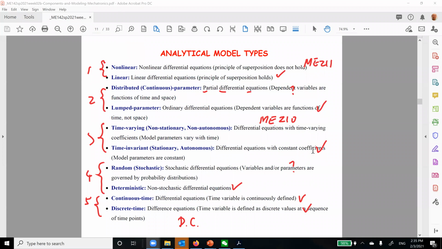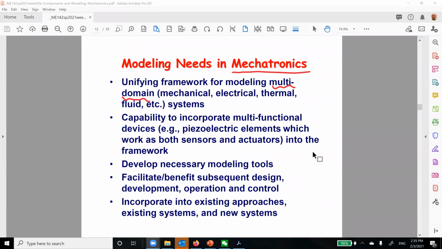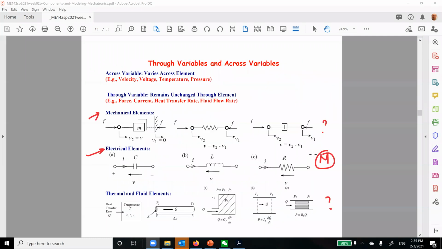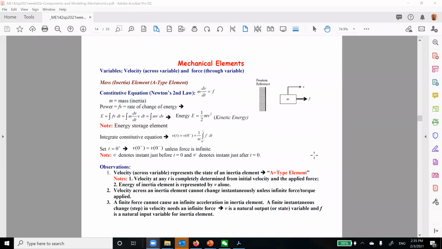We talked about model types. We talked about how electronics in the modeling is important either way. So we talked about how to unify 2 types of variables: one is a through variable, one is a cross variable. Through variables are like current, force, heat transfer rate, fluid flow rate.